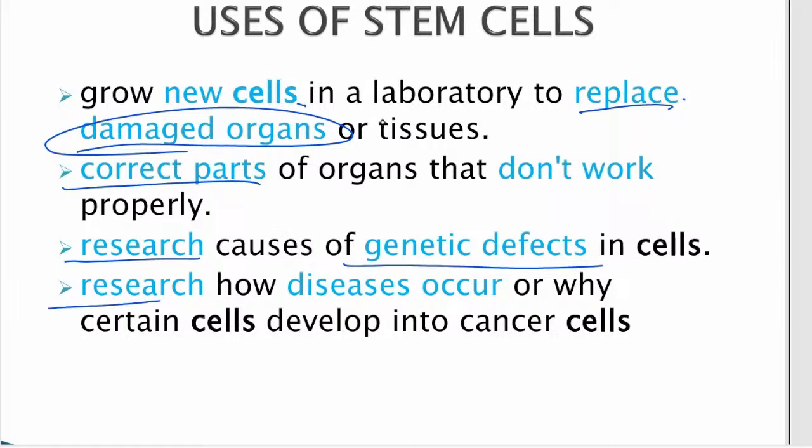Then we can use the stem cells to research how diseases occur and why, and how they develop into cancerous cells. So we might not use the real individual; we just use these cells for the same purpose.